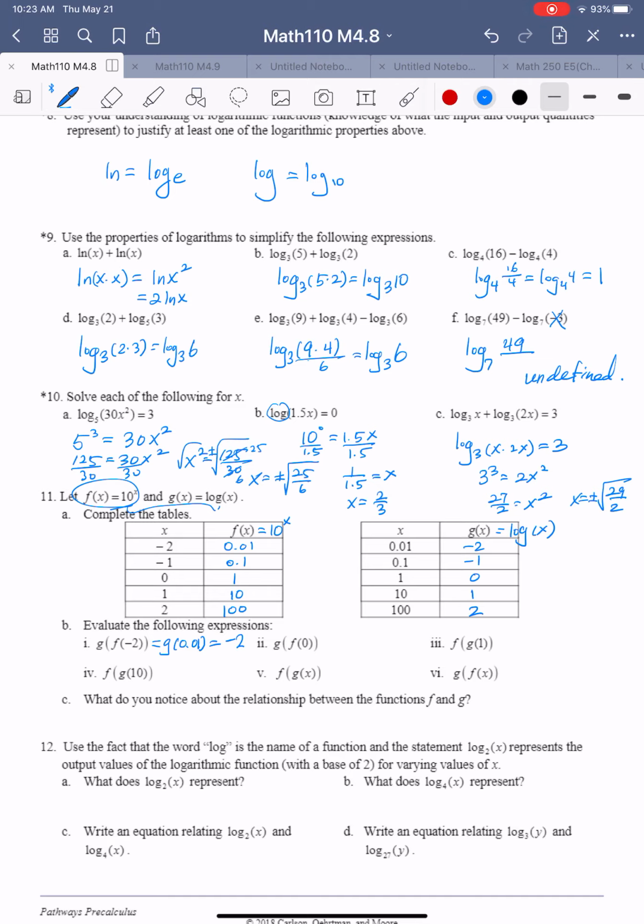And then the second one, f of 0 equal to 1, so which is g of 1. G of 1 equals 0 if you use the table. And then g of 1 is going to be 0, so it becomes f of 0. Then when you look at the function, x equal to 0 gives 1.